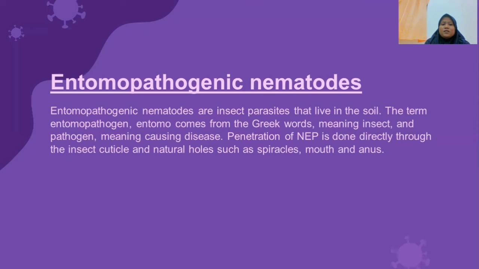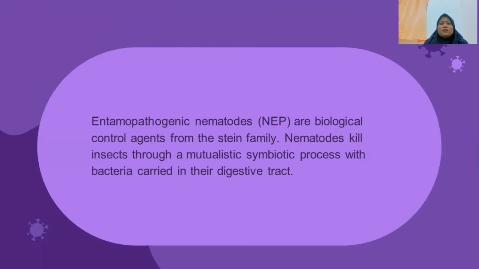Entomopathogenic nematodes have several advantages, namely they are virulent to their host, kill host insects quickly, have a wide host range, are not harmful to non-target insects, and are easily cultured in vivo and in vitro. Entomopathogenic nematodes, or EPN, are biological control agents from the Steinernema family.